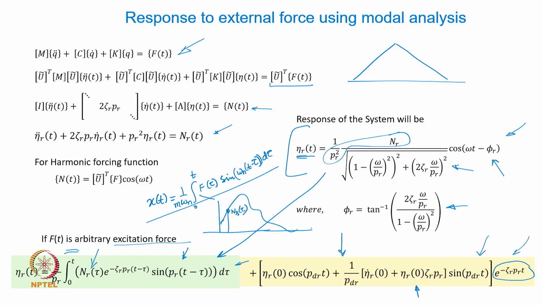Otherwise, you will have to use a numerical method to get the response value. So, if you can express eta r of tau in terms of some mathematical expression which can be integrated, then this entire term you can get in the form of a mathematical expression. Once you get that, getting q of t at any instant of time is not going to be a problem.